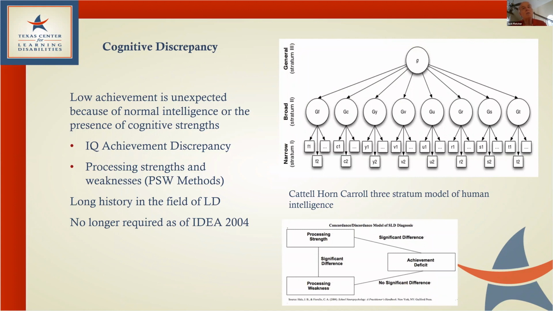Then we have cognitive discrepancy methods, where low achievement is unexpected because of normal intelligence or the presence of cognitive strengths. And there are two prominent approaches. The earlier one is IQ achievement discrepancy, which was initially adopted in the IDEA regulations in 1977 after Public Law 94-142 was passed, where learning disability was defined in the regulations as a discrepancy between IQ and achievement.